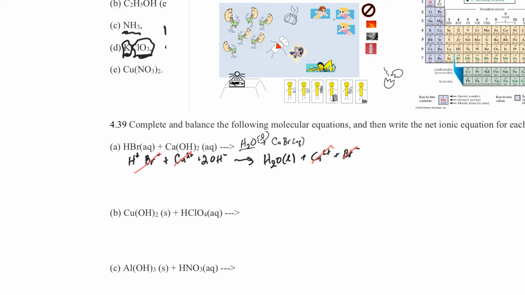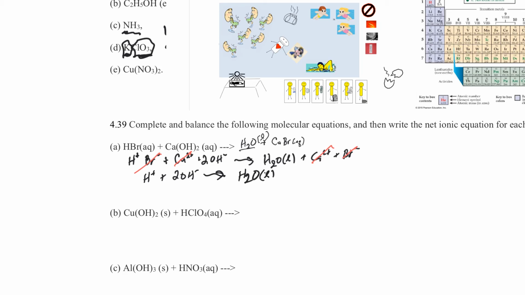And so you're going to ignore everything that's spectator and simply write down everything that's not. So you're going to see H plus 2OH minus yields H2O liquid.